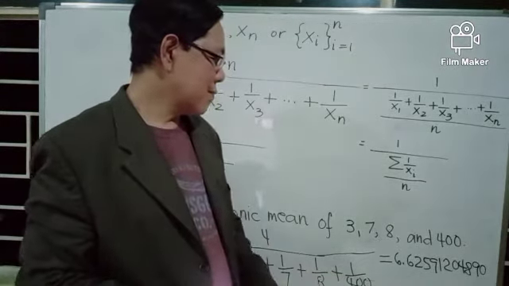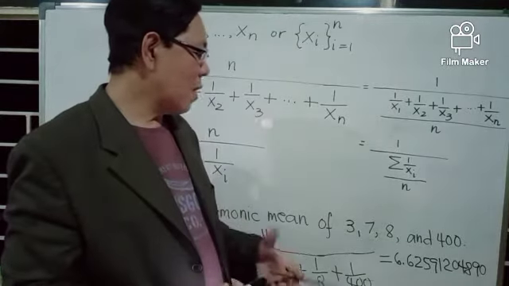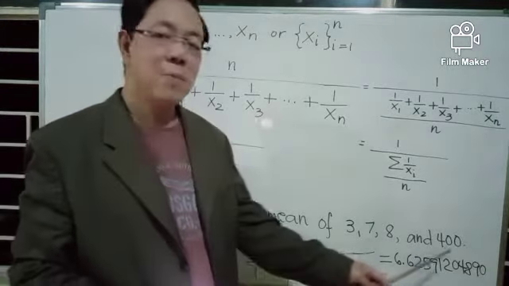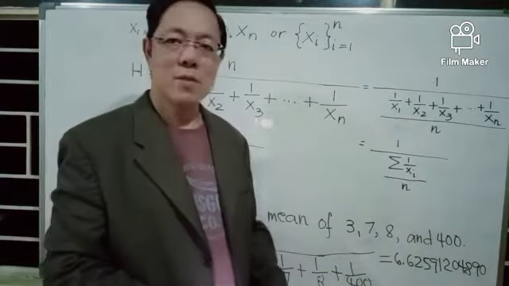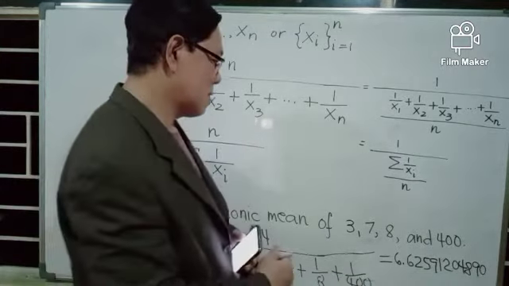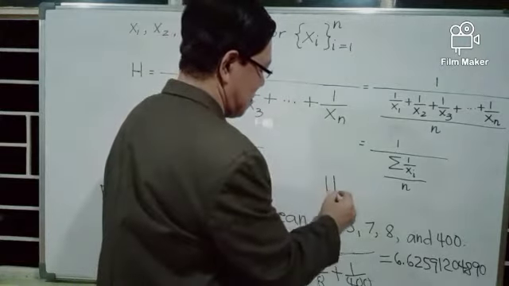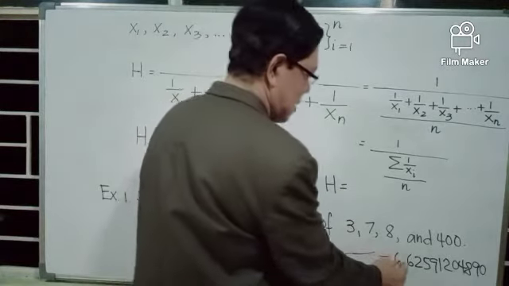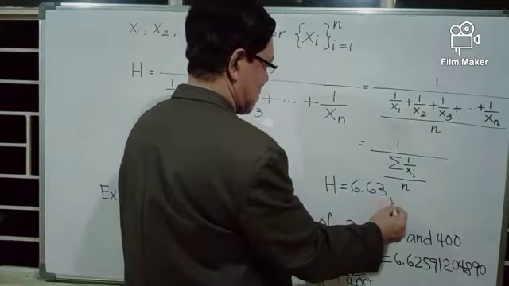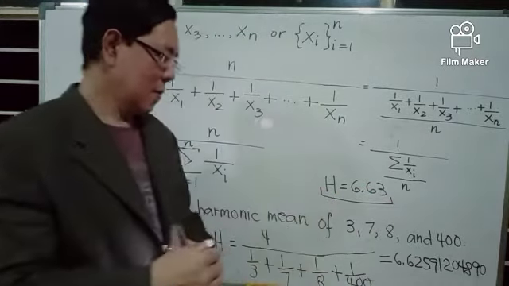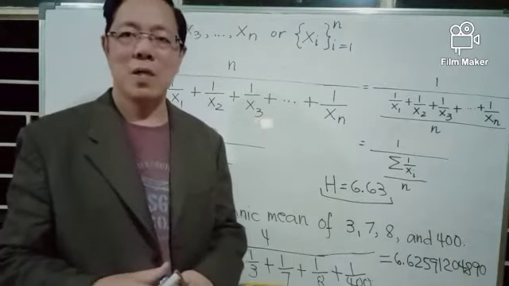And the harmonic mean of the set of 4 values, 3, 7, 8, 400, to 2 decimal places is 6.63. That's the harmonic mean.